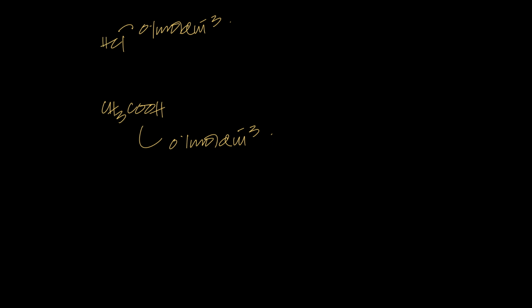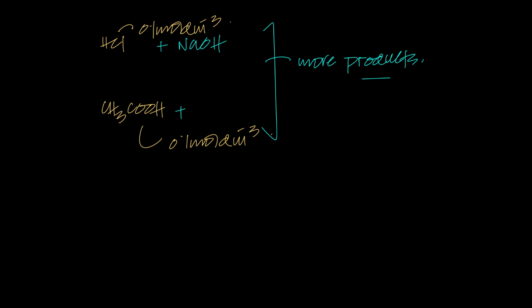Now, there's also one more concept that you guys may think to yourself. Sir, what about products? If I react these two with a base, which one would give you more products? Let's suppose I react both of them with NaOH.